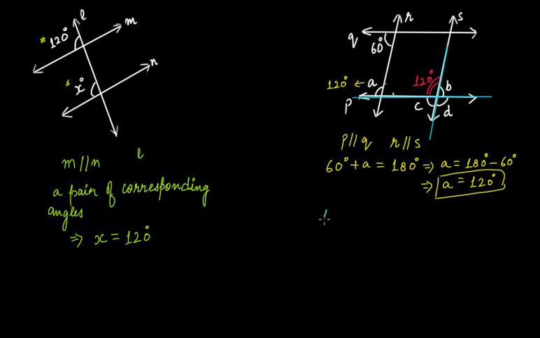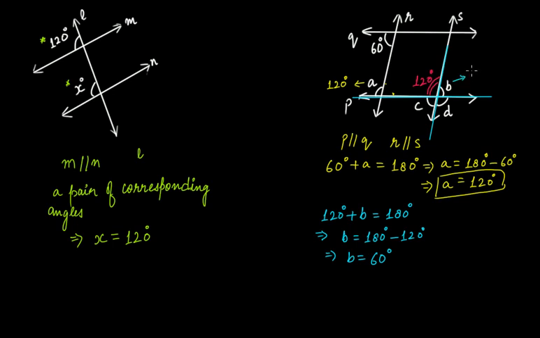It means what? 120 degree plus B will be equal to 180 degree, and if you solve it, then B will be equal to 180 degree minus 120 degree, and this will be B is equal to 60 degree. Okay, so B comes to be 60 degree.